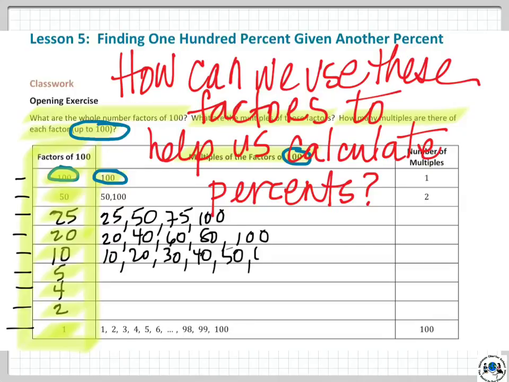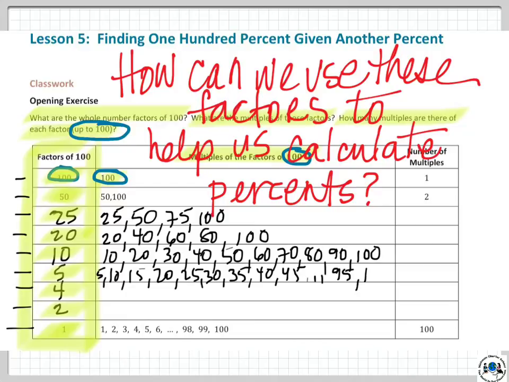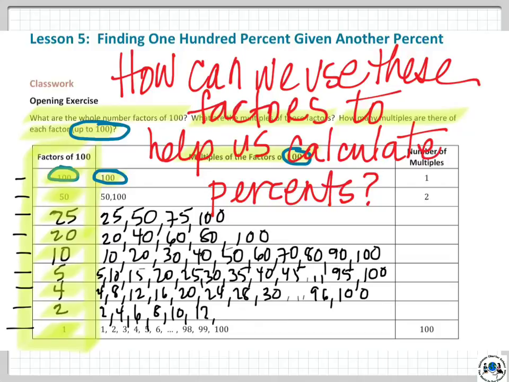10 is going to have 10, and 5, and of course I'm putting a little dot here because that just keeps going. I can't fit all this in here, it's too big. And you can see here are the multiples of 4 up to 100, and multiples of 2, of course, up to 100.